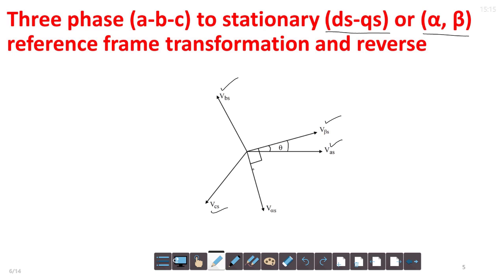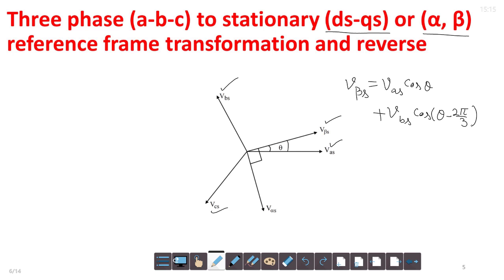We need to resolve the components. For example, first we want to write V beta S. The component of VAS along V beta S is VAS times cos theta. Then beta S is making angle theta minus 120 with VBS, so the component of VBS is VBS cos of theta minus 2 pi by 3.